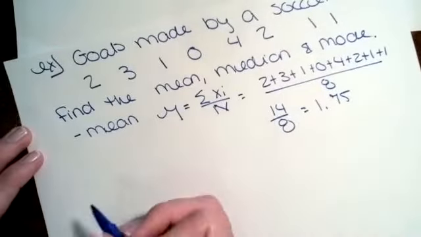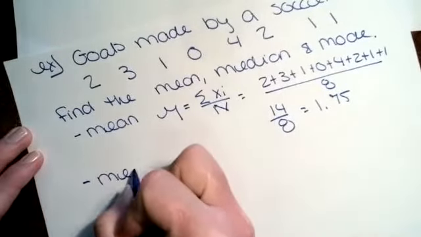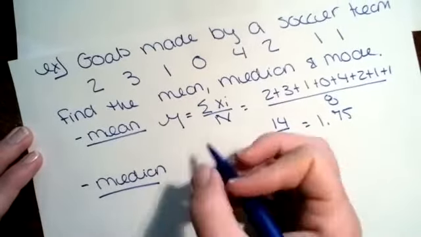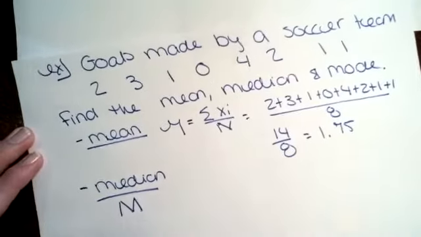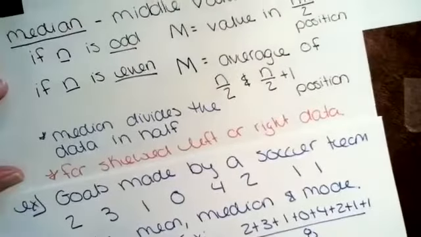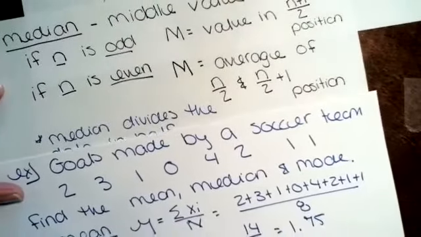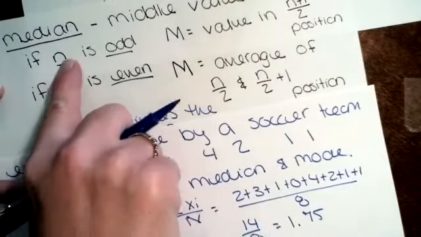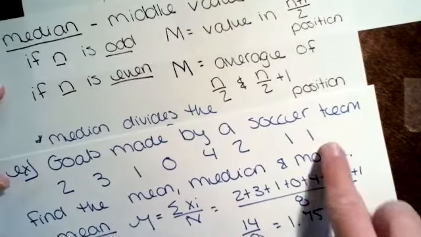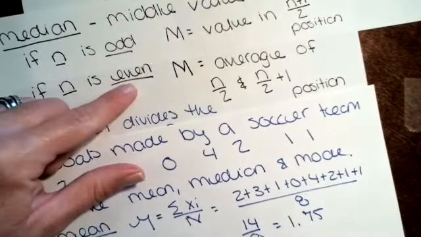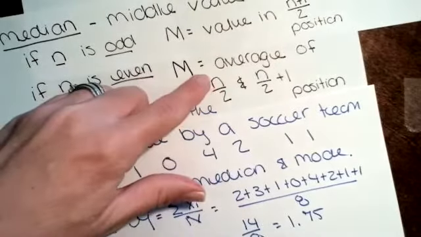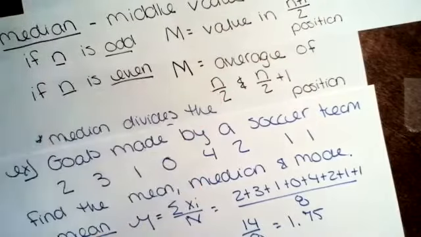Okay, so let's take a look at the median. Here I'm going to use capital M for median, and I'm going to pull up this again so we can see. When we're looking at this, I need to know if N is odd or even. We know there's 8, so N is even. In that case, I'm going to take the average of the 2 middle data values.